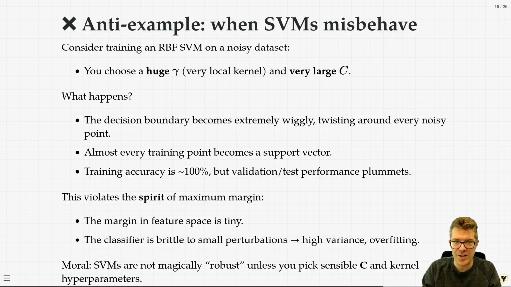So consider a noisy data set. Maybe add more noise to the 2 moons, or choose a different data set and add noise to that. Try choosing massive gamma, which will give you a very local kernel, and a very large value of C. What you're going to see probably is a decision boundary that becomes extremely wiggly or complicated, which will twist around every point that's noisy.